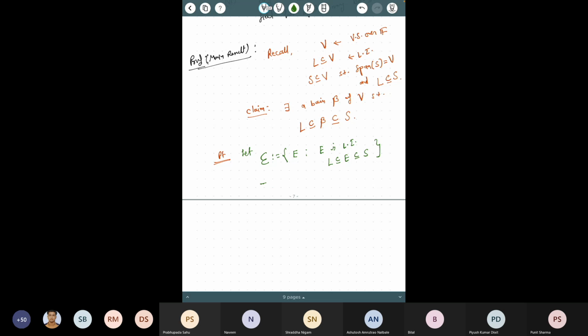Then can you tell me whether this set is non-empty or what? Can you say that this new set is non-empty? Phi is a subset of this? Why is phi not a subset of this?